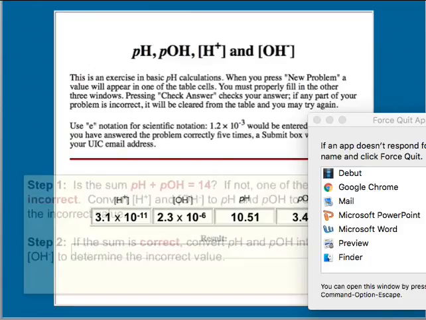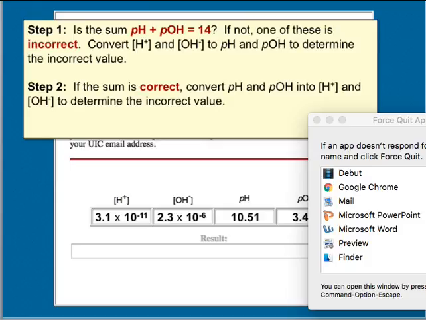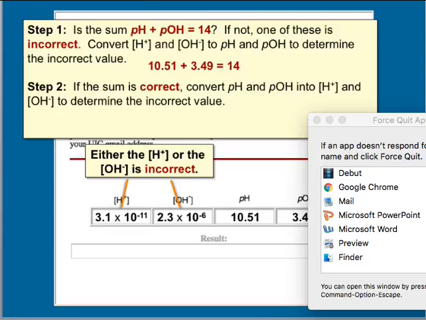So, step 1, is this 14? Step 2, if it is, then one of these guys has to be wrong. This is in fact exactly 14, so one of these is wrong. Therefore, simply take the pH, do 10 to the minus pH, and see what you get for hydronium.